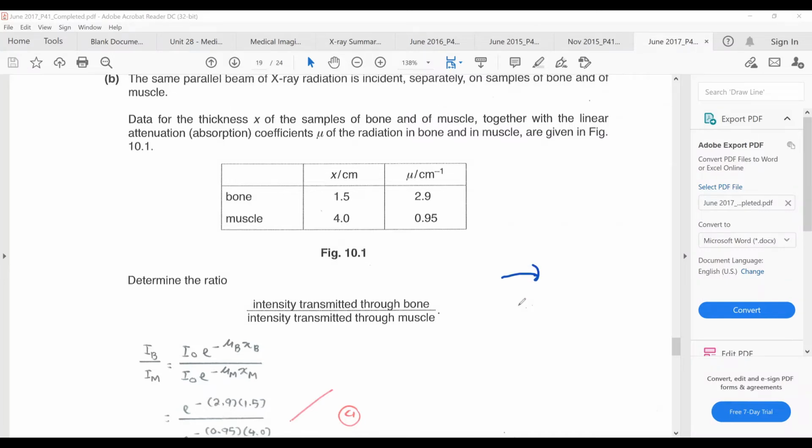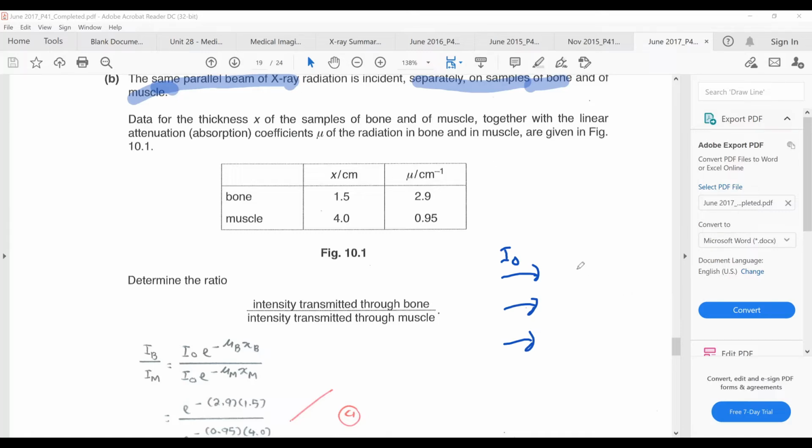You have intensity I naught of your X-ray beam. The question says this: the parallel beam of X-ray is incident separately on samples of bone and muscle. The same parallel beam is incident separately on two samples, bone and muscle.